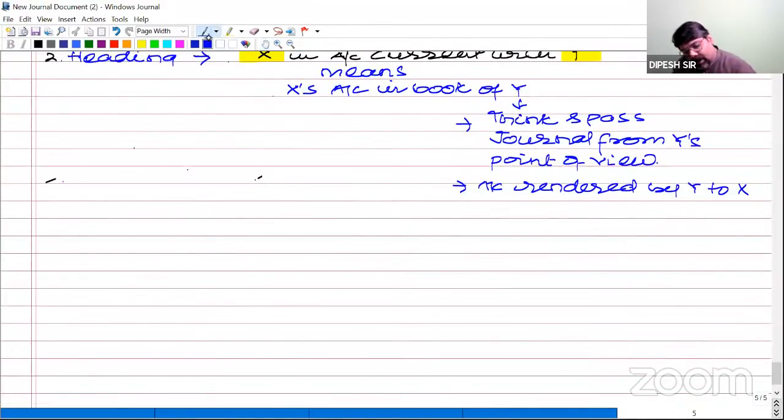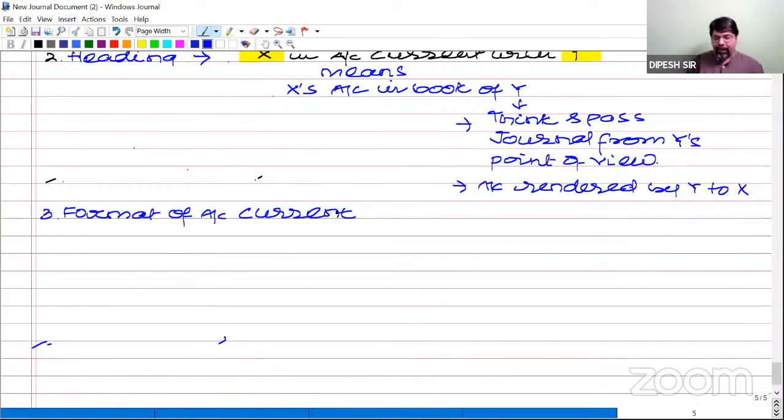Third, format of account current. How do we prepare the format of account current?